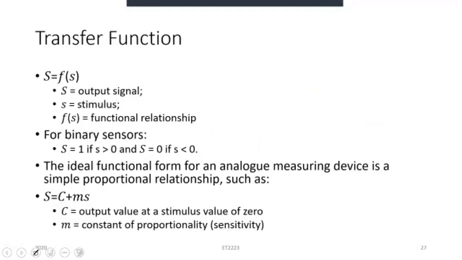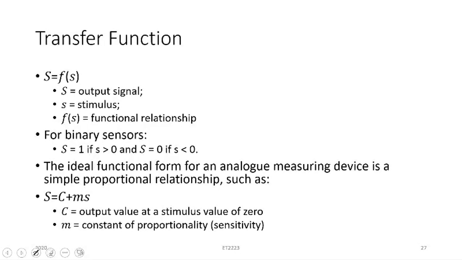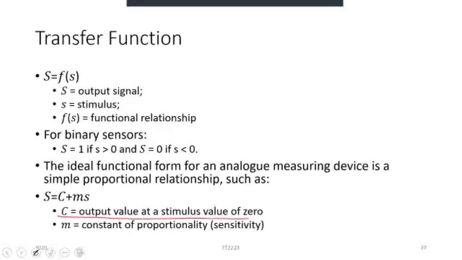There's a basic transfer function that we would have with the sensors, for example. Again, we are not going to go into more detail on this, but the basic idea is many sensors will have what is called a stimulus value at 0. So it may have a constant like that, and then a component proportional to the stimulus.